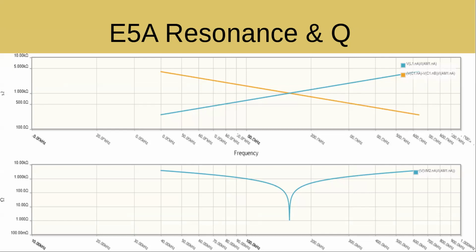That's capacitive reactance. Where they cross is the resonant point. They're equal. The plot on the bottom is showing the impedance of this circuit looking in, and you see it essentially goes to zero. I did it on the downside of the resistor, so you're just seeing the LC. So it looks like a perfect resonance circuit.